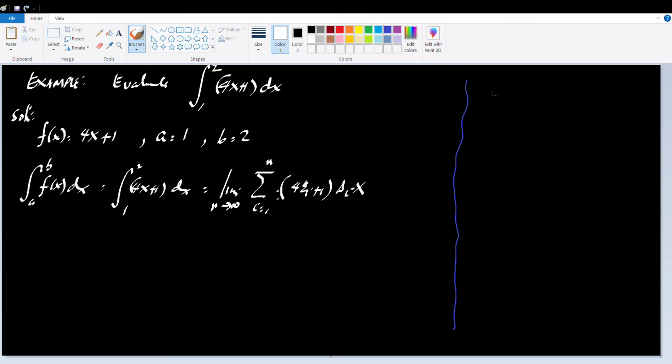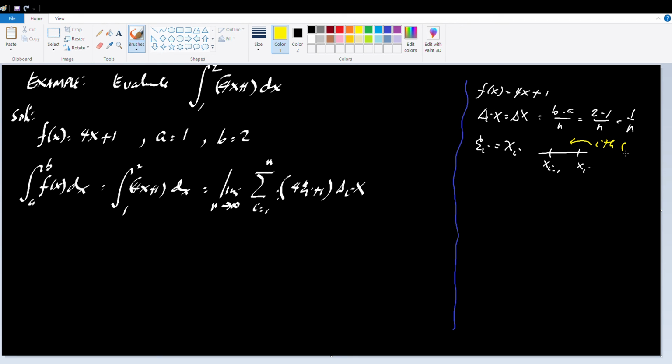Our f of x is 4x plus 1. So let us use delta i x equal to delta x, regular partitioning, b minus a all over n. So that will be 2 minus 1 over n, or 1 over n. Okay, next, we choose our c sub i as x sub i, meaning this is x sub i minus 1, x sub i, this being our ith subinterval.